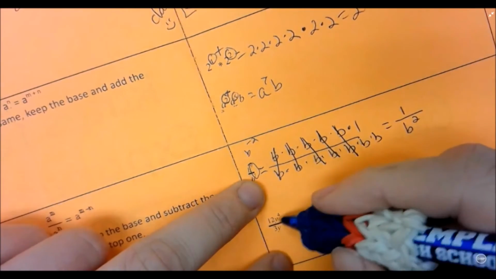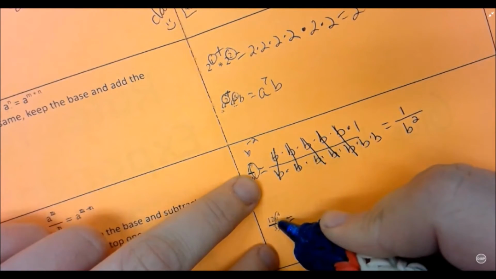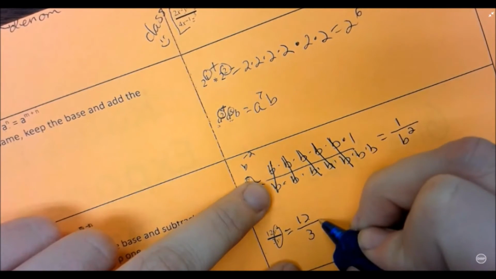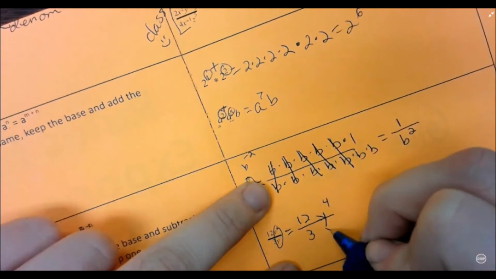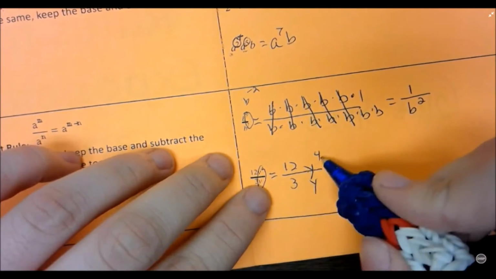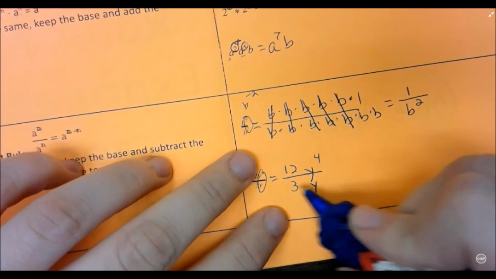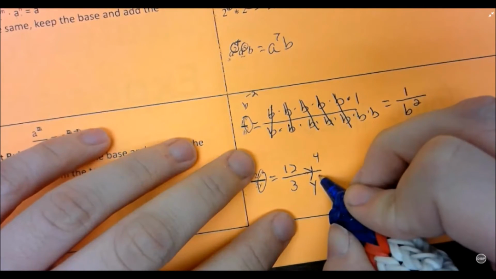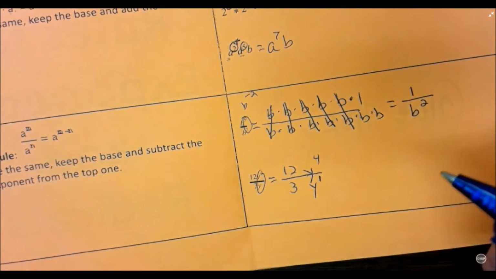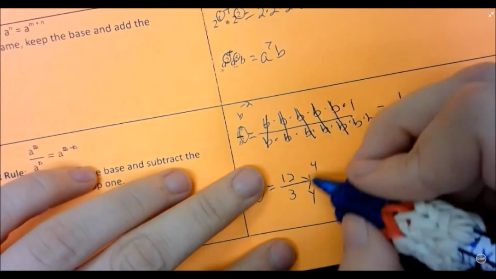Next one. So I have y to the fourth. Let me rewrite this bigger, because that looks really tiny to me. So I have y to the fourth times 12, and then 3y. This y, if it doesn't have an exponent at all, it's a 1 exponent. Keep that in mind.